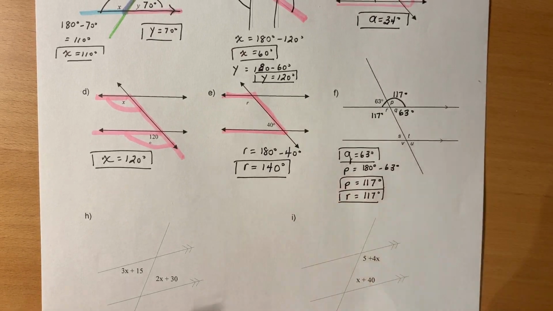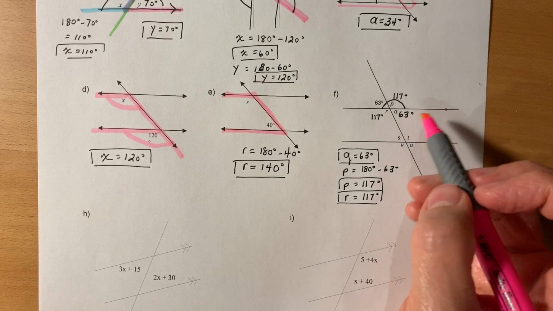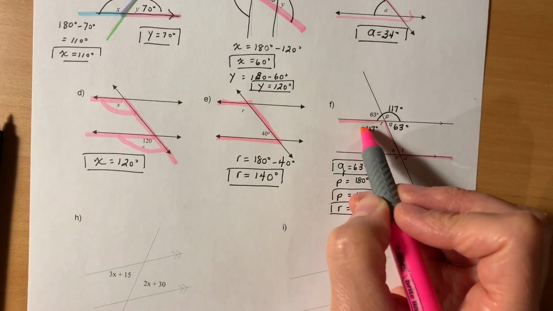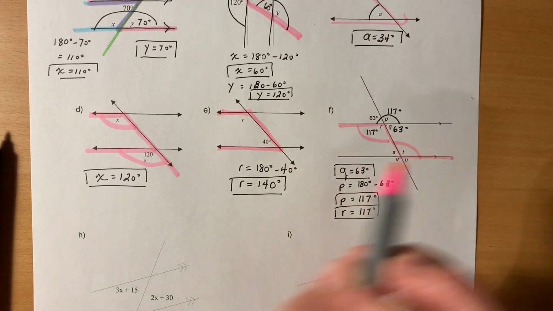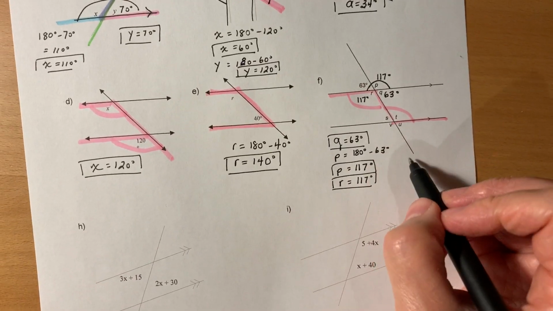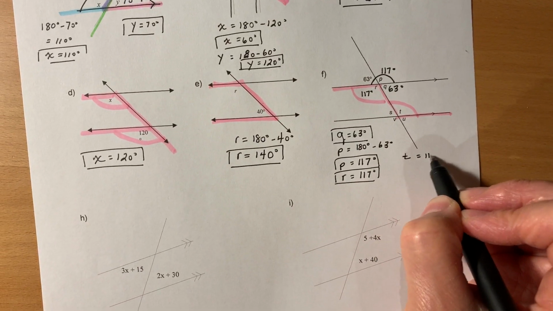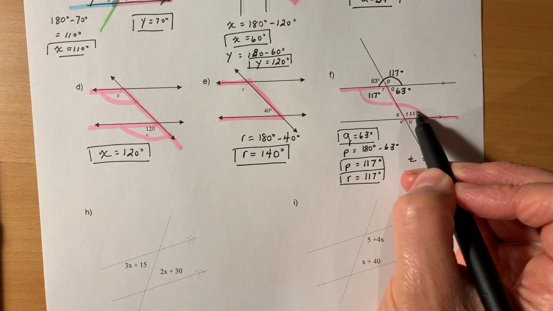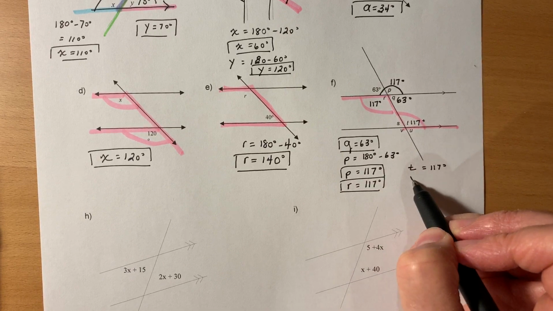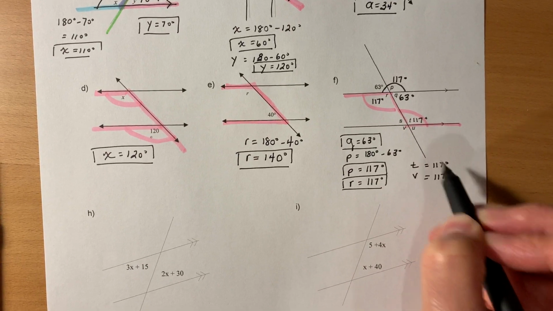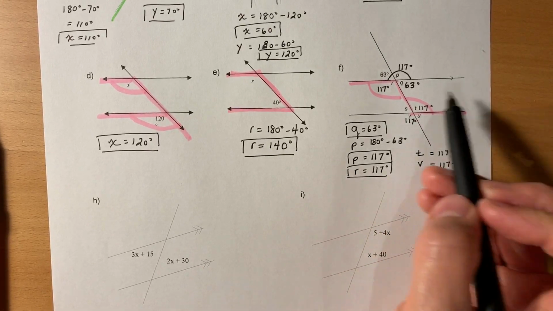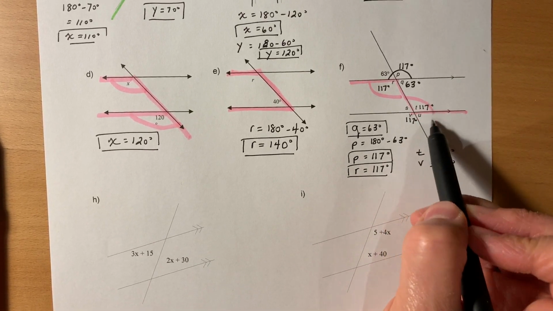Now I can draw patterns. I can draw the Z pattern here. I know that T is also 117 because they're equal. So if T is 117, then I know V is also 117. Now to find S and U, I could do supplementary angles.